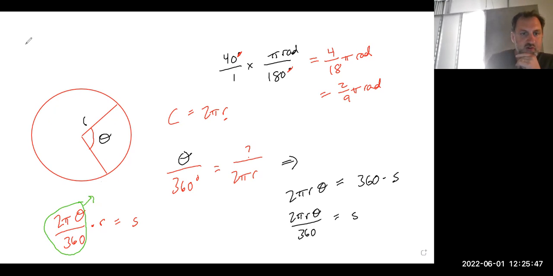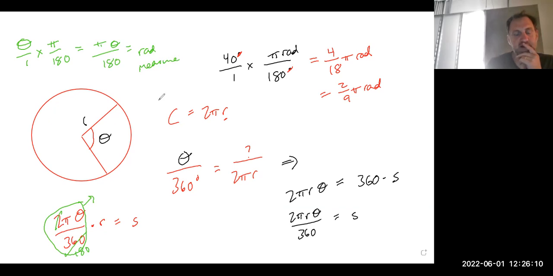Because if we have an angle theta in degrees and we multiply by pi over 180, then pi theta over 180, simplified, is equal to the radian measure.